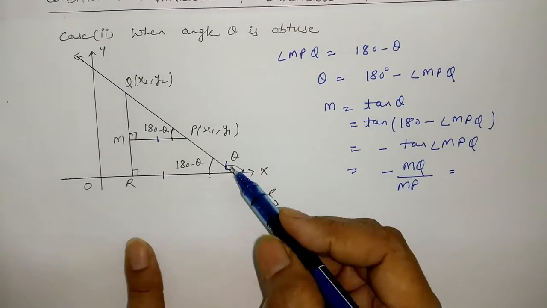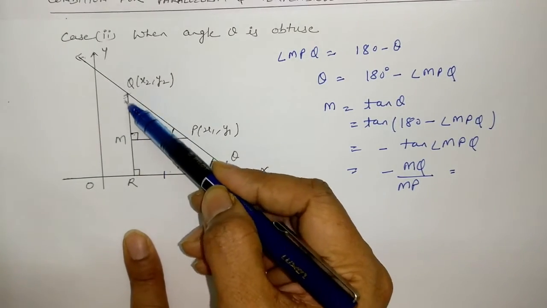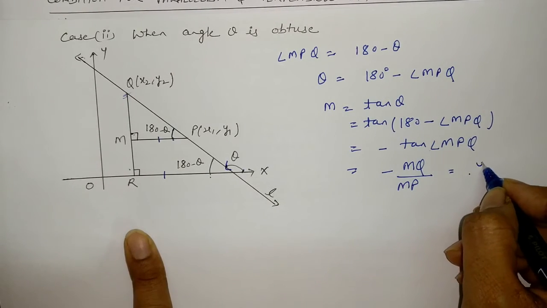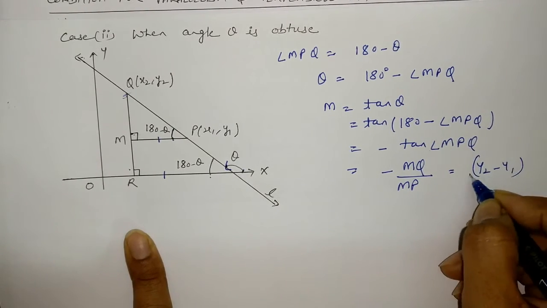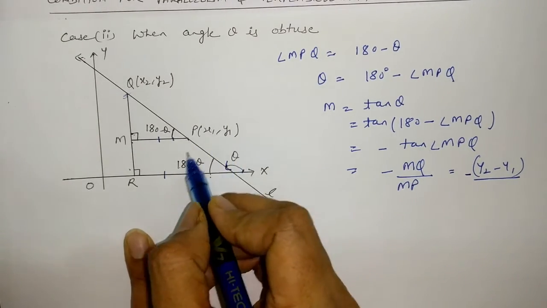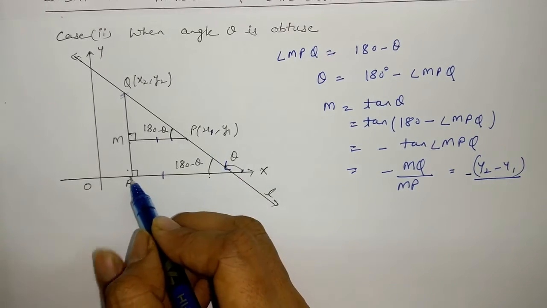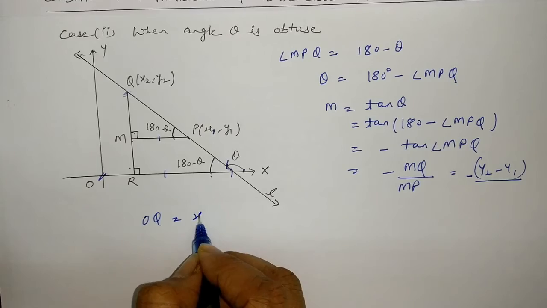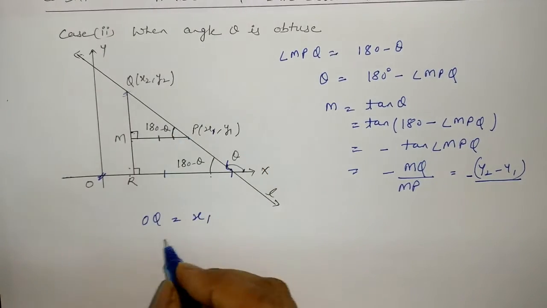Now how much is MQ? This total is y2 minus y1. The negative sign will remain as it is. And for MP, this is x1, meaning from O to Q, OQ is x1 and OR is x2.